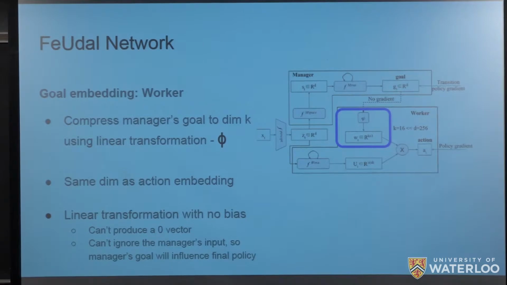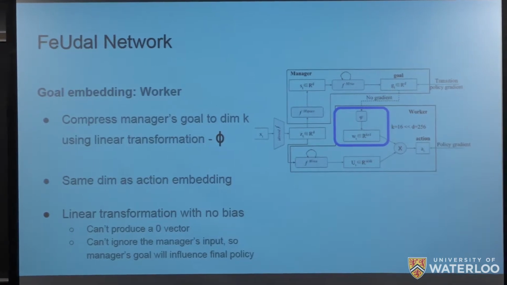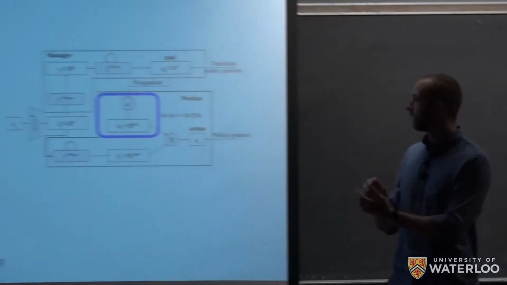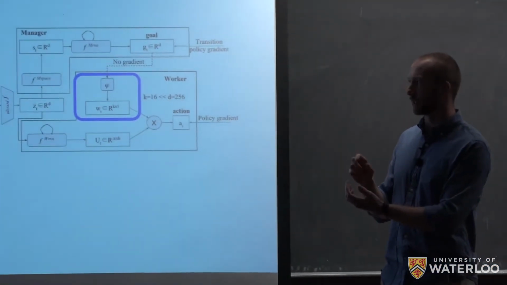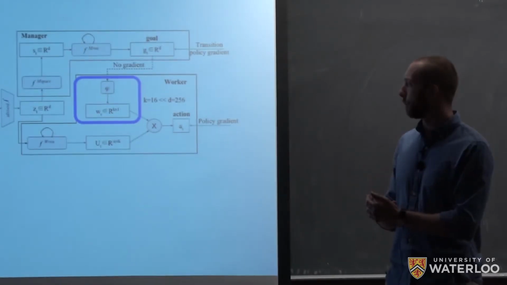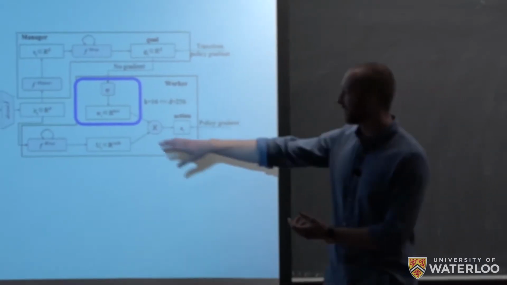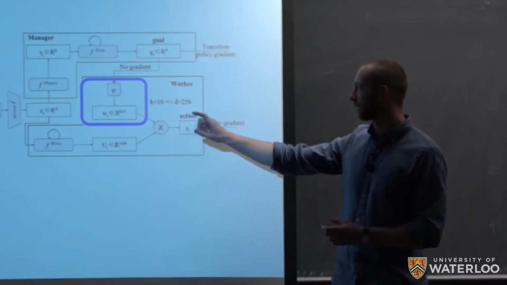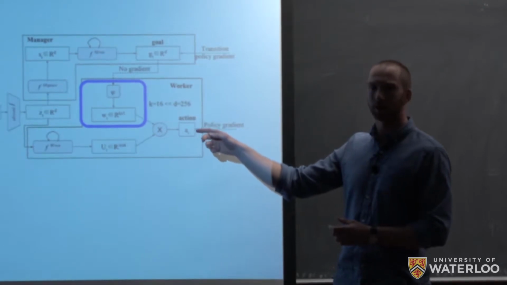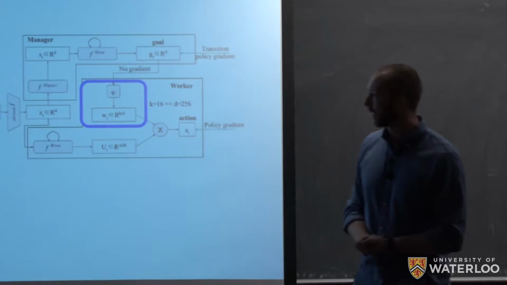The manager gives the worker a goal, and the worker compresses this goal down to something of dimension k using a linear transformation with no bias. Once they do this, they have these two matrices that line up, and you can take the dot product of the two of them and output your action.